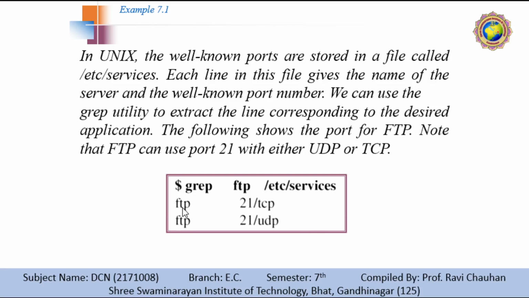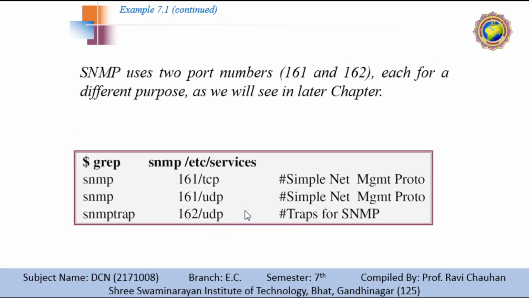Note that FTP uses port number 21, either TCP or UDP. Similarly, SNMP uses two ports, 161 and 162, each for a different purpose. We will see that in the chapter.